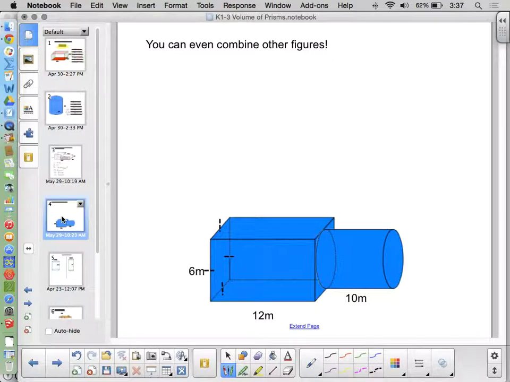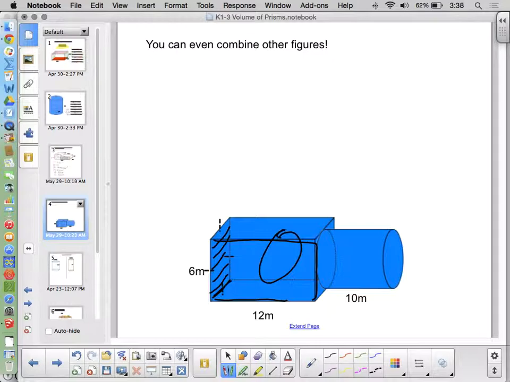This is a pretty complicated figure, actually, because we've got this base area right here. We've got the lateral area of the box, so the 4 sides of that box. On top here, I have a square minus a circle, but I'm going to add that circle back in.